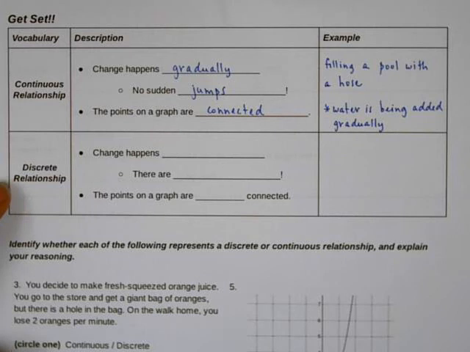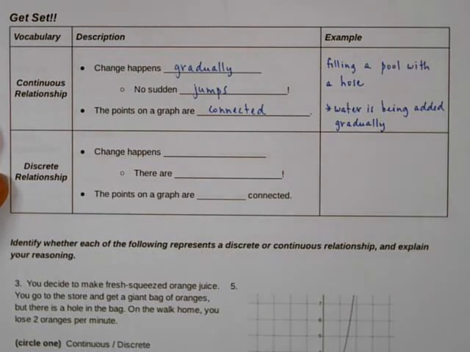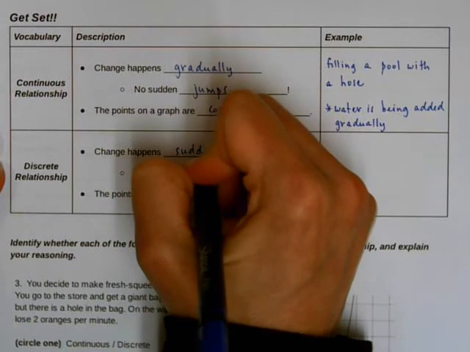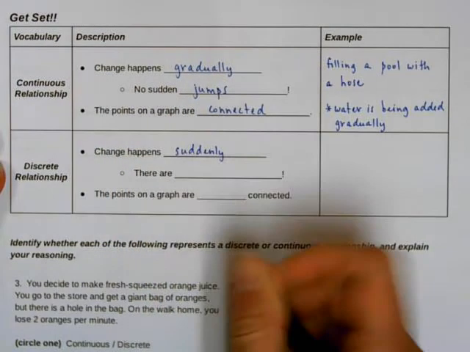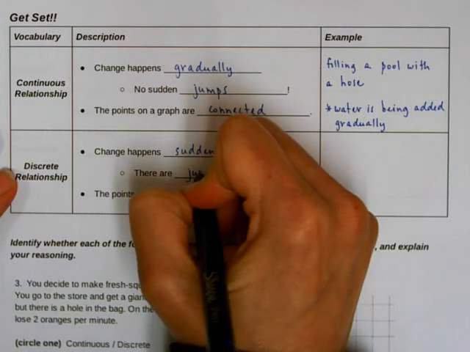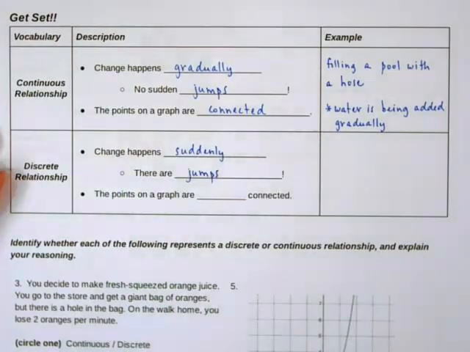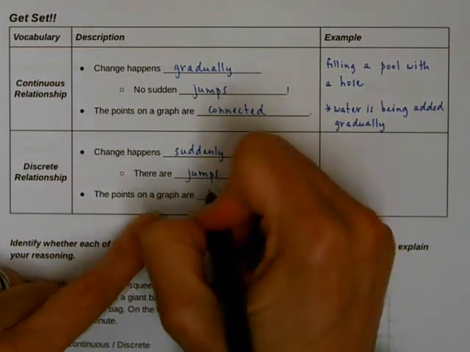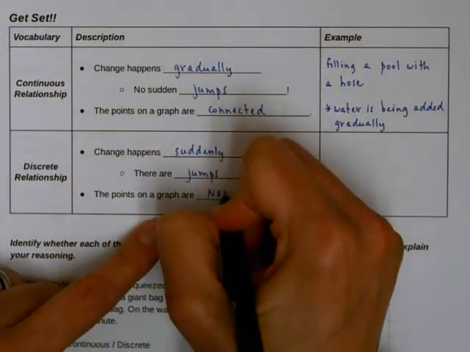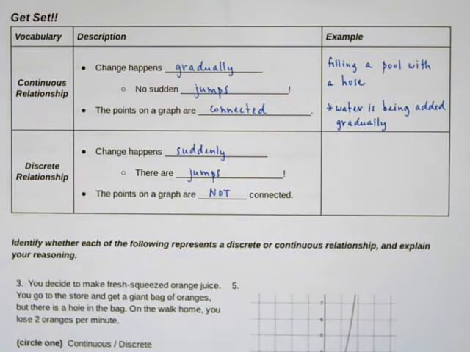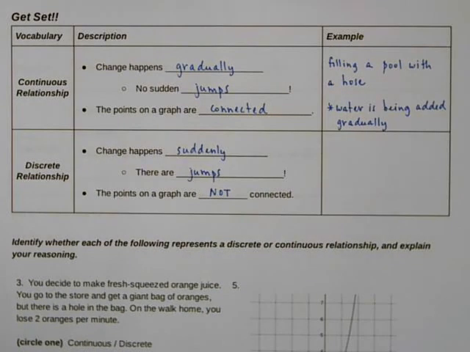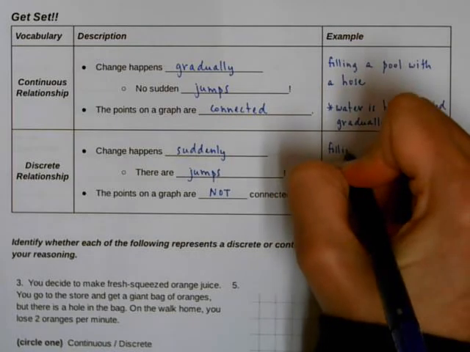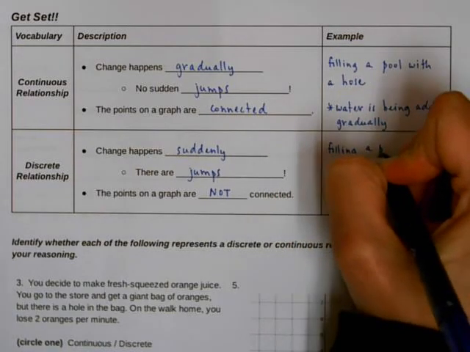Now, when we talk about discrete relationships, we're talking about change happening suddenly. And we are going to see some jumps in whatever we're measuring. And so from a graphical perspective, that means the points on the graph are not connected. So here's what we can think about here. Thinking about filling our pool again, we're filling a pool, but this time we're using a bucket.